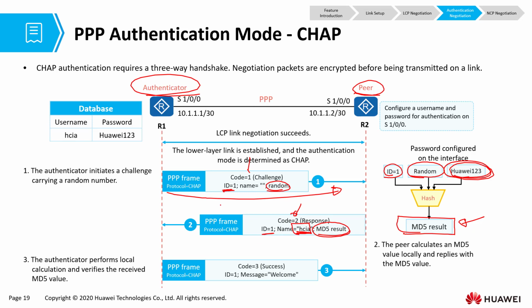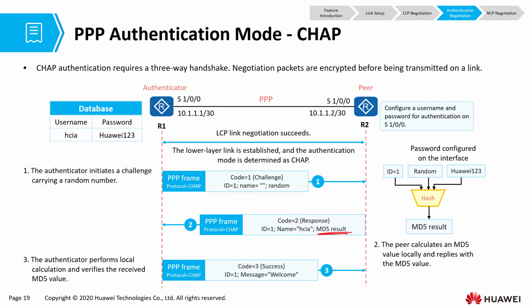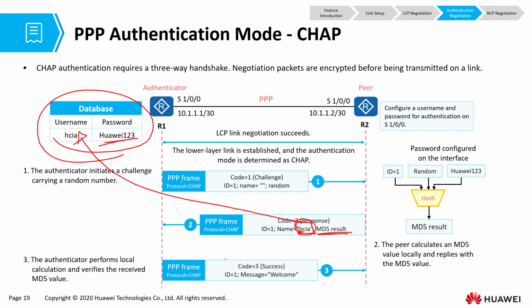Now, when the authenticator receives this response, it has the MD5 and it has the username. However, it also has the database of usernames and passwords. What is it going to do? It's going to get hold of this username and search for its password in the database.